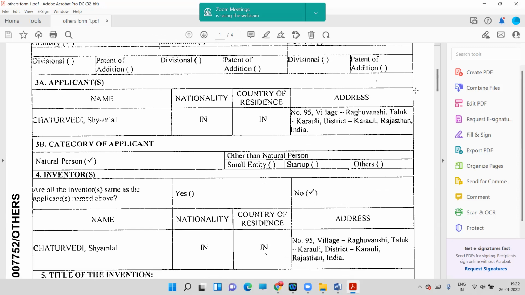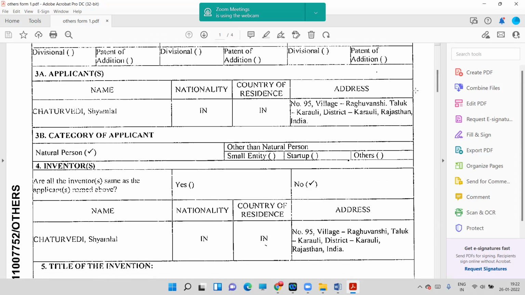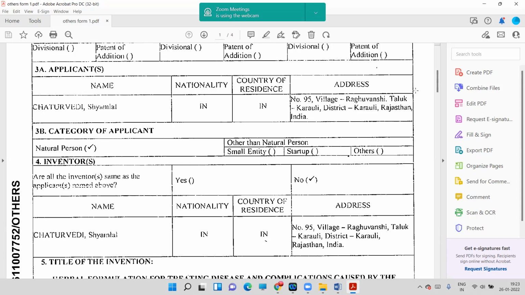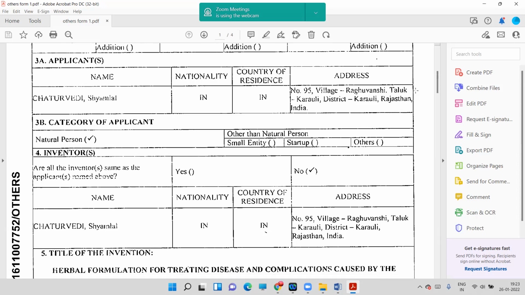Then category of applicant, that is natural person. And the inventor same as applicant. ये गलती से हुआ है शायद, because the inventor same as applicant आना चाहिए.